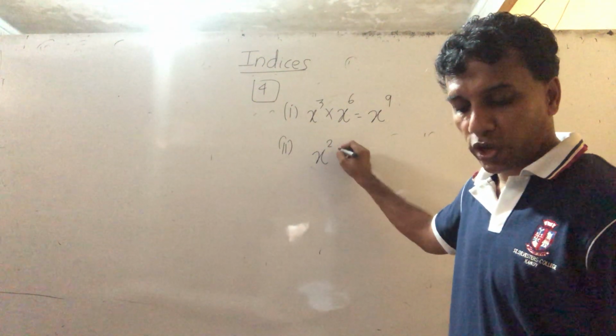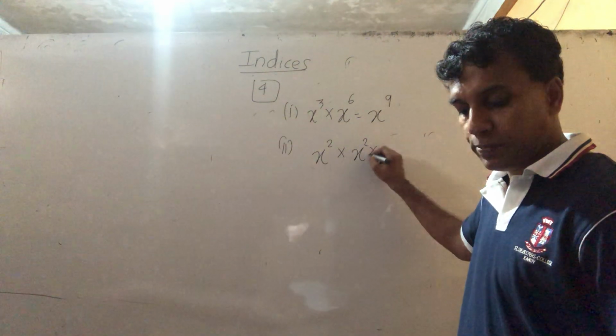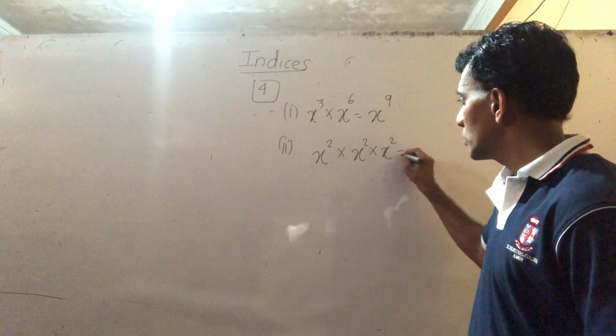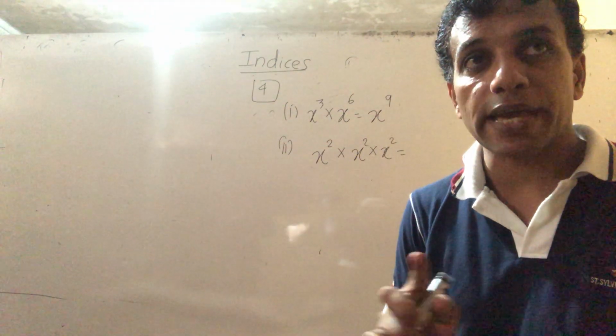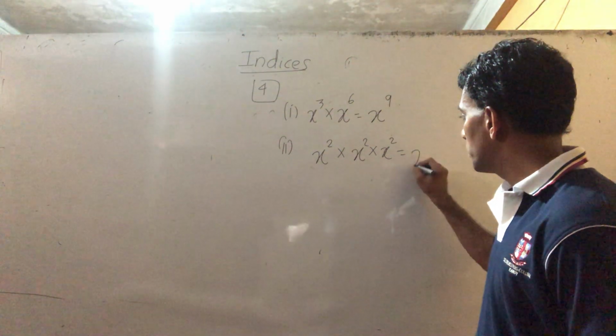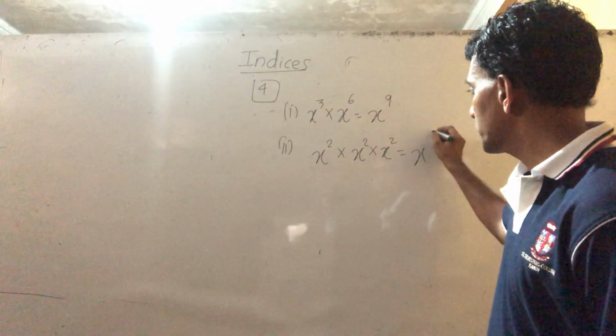Second question, x squared multiplied by x squared multiplied by x squared. What is that? The base x is the same, so we have the rule: add the powers, 2 plus 2 plus 2 is 6.